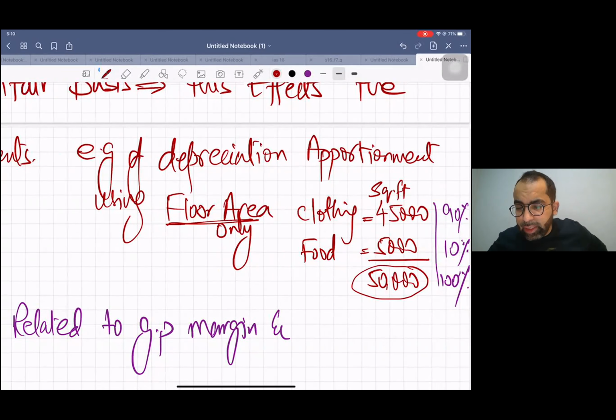Now let's take out the percentage according to floor area. So 45,000 divided by 50,000 into 100 is 90%. And 5,000 divided by 50,000 into 100 is 10%. So clothing has 90% floor area and food has 10% floor area.